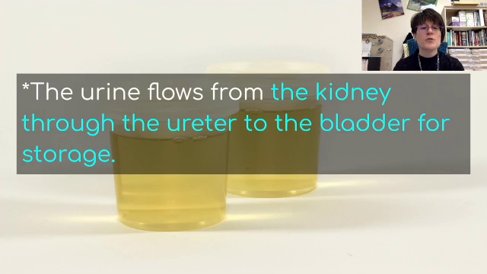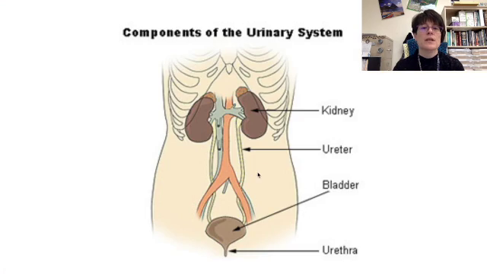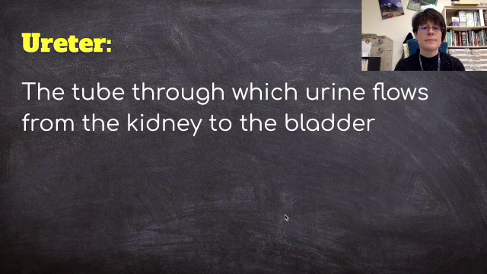The urine flows from the kidney through the ureter to the bladder for storage. So kidneys, the ureters are these tubes that go down to the bladder. It is stored in the bladder so that you're not constantly urinating, because that would be difficult. That would be smelly and nasty. And then it goes through the urethra, which is the passage to the outside of the body.